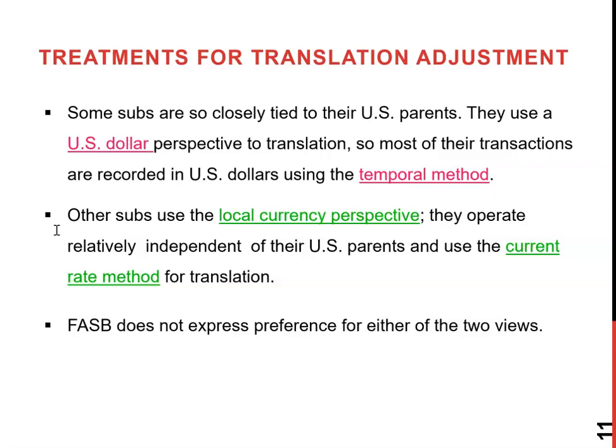For example, you have a subsidiary in Mexico, and that Mexican subsidiary can use the Mexican peso, or they can also use the US dollar. If they use the peso, as a parent, when you convert, you will follow the current rate method. On the other hand, if they use the US dollar, you have to follow the temporal method.